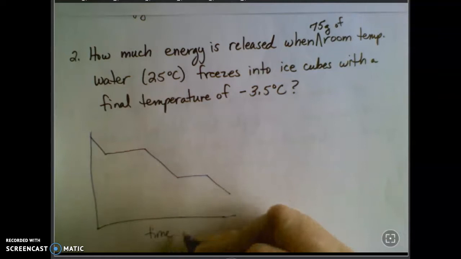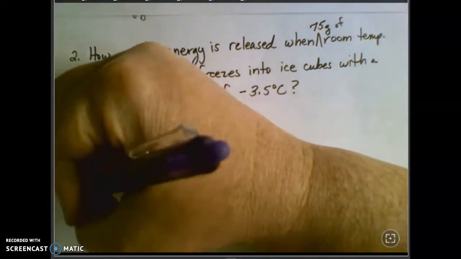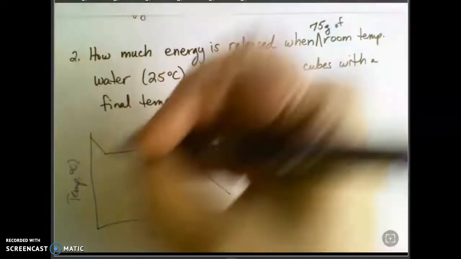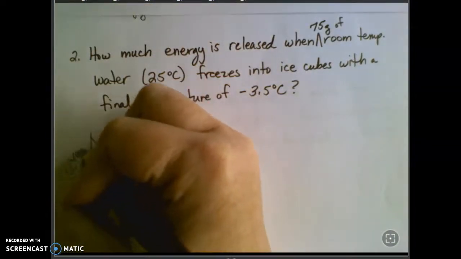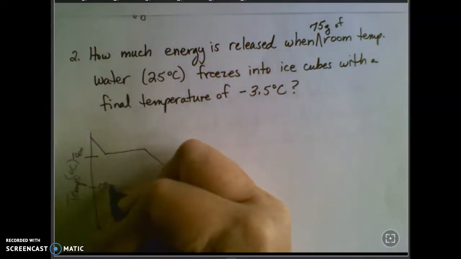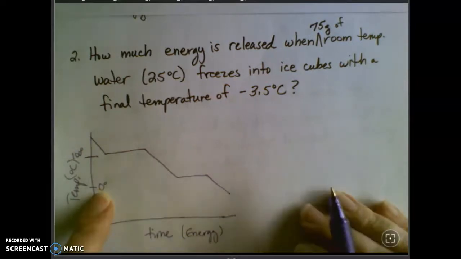And again, time or energy is on the x-axis, and temperature in degrees Celsius is on the y. So I know that the high level plateau is at 100 degrees, the lower plateau is at 0 degrees, and it tells me that I start here at 25 degrees Celsius.